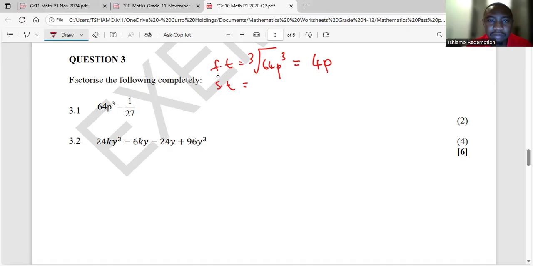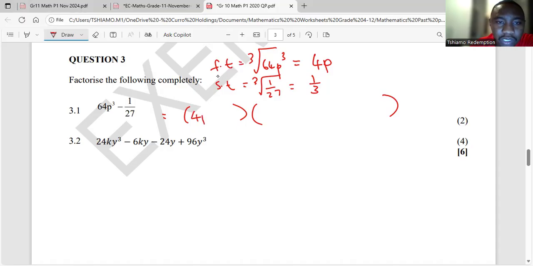And then second term, the cube root of 1 over 27 will be 1 over 3. So we're going to deal with those two. So how do we do it? We have a smaller bracket and a bigger bracket. Smaller bracket will be first term minus second term, which is 4p minus 1 over 3.